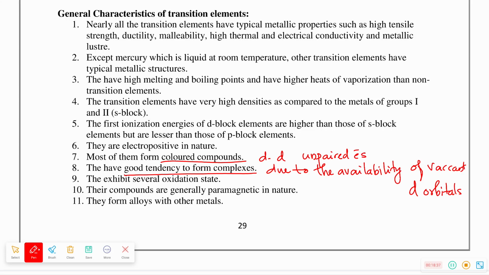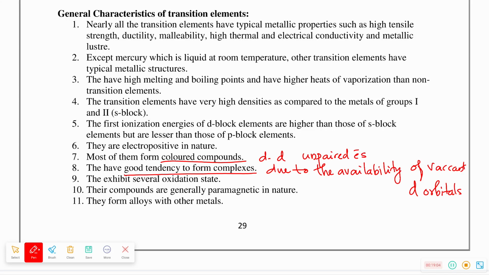Vacant orbital means without electrons. Why? Because the ligand itself gives a pair of electrons for the formation of coordinate bonds. The central metal atom does not use any electrons; only ligands use electrons. That means the metal should have vacant orbitals. Then only ligands can make a bond with that metal.